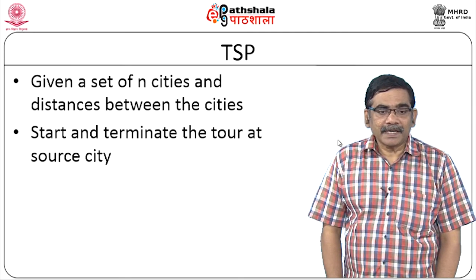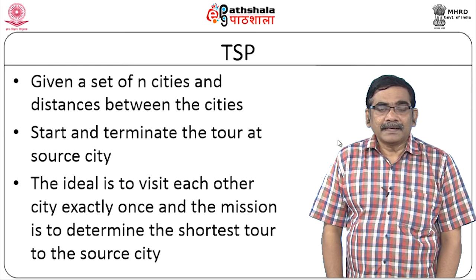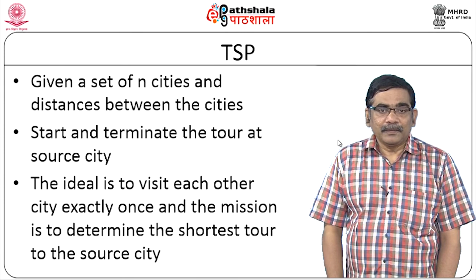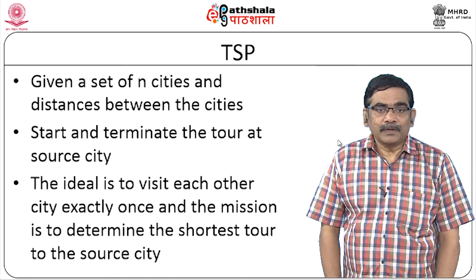You have to start from a place. The salesperson is supposed to start from his town, hometown maybe. Then he has to visit all other cities exactly once, and he has to come back to the original city. This is called a tour.